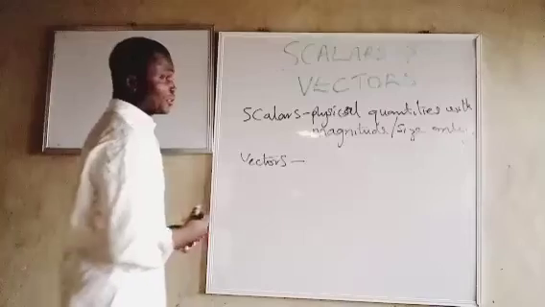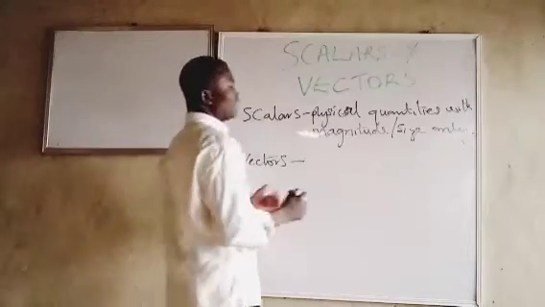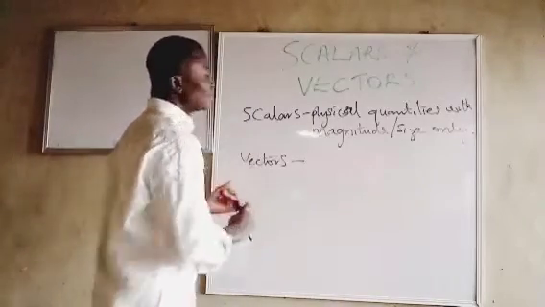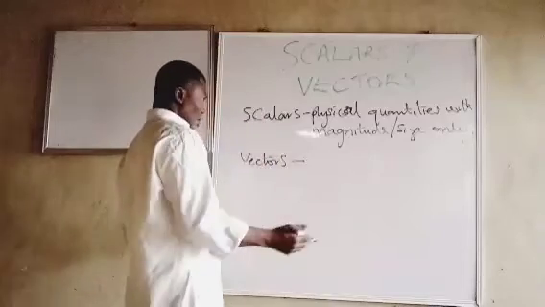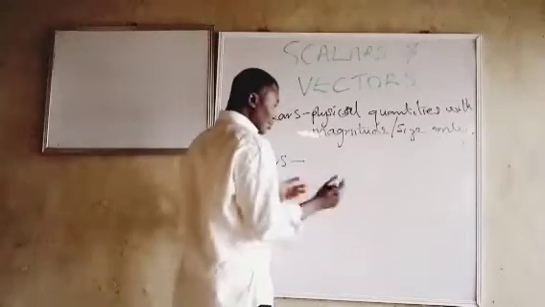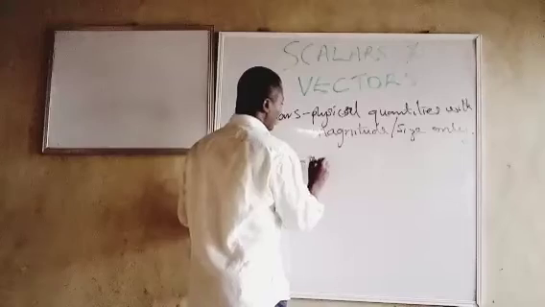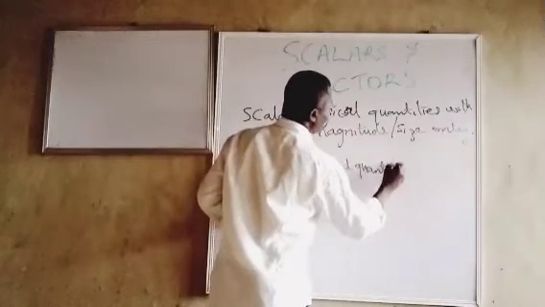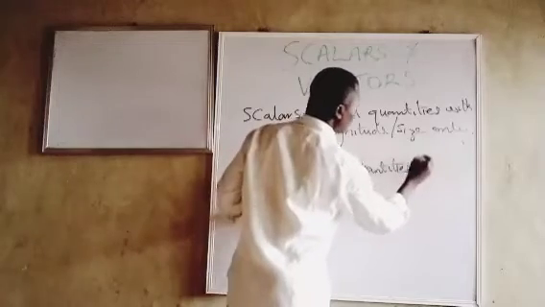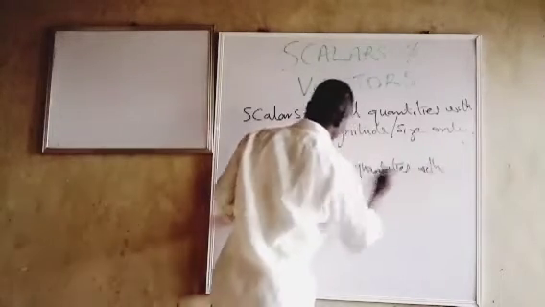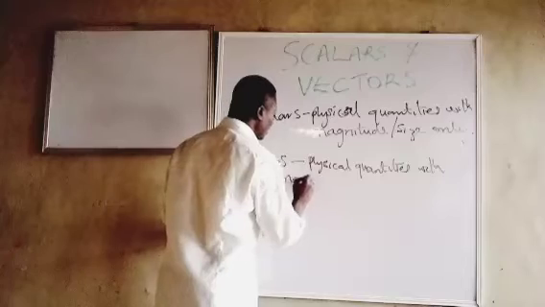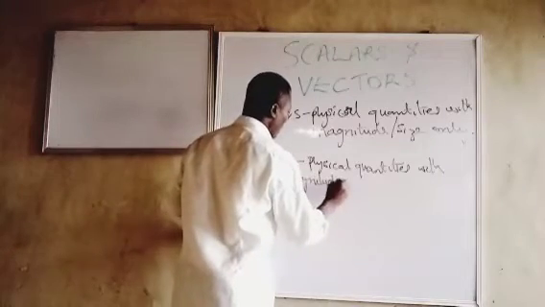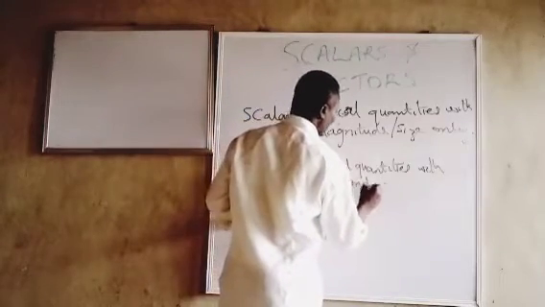But vectors, for you to describe vectors very well, you will need to add direction, or sense, to the size. So vectors are physical quantities that can be described with magnitude and direction.